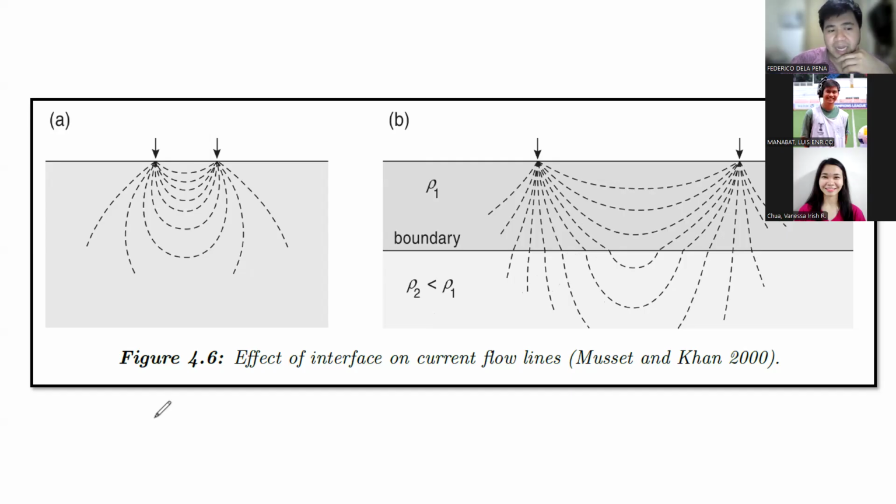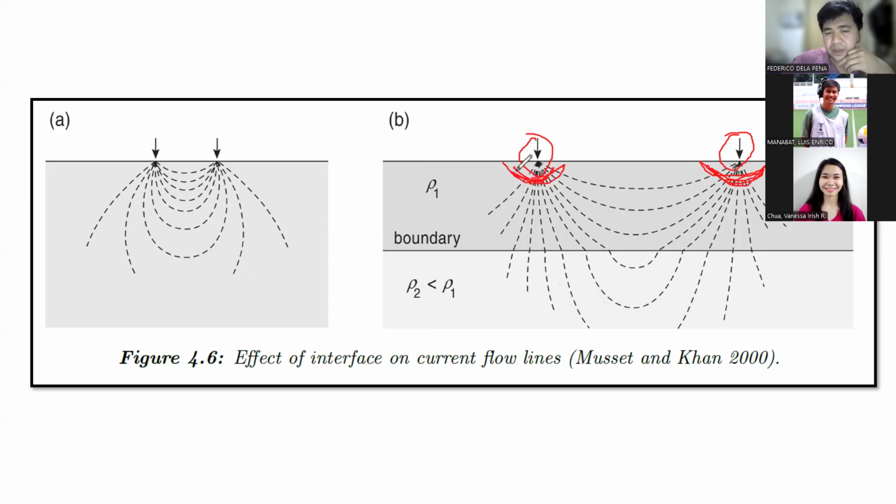It's what we call the contact resistance. If the electrodes are touching ground, or part of the ground, which is too resistive, for example, rubber is generally non-conductive.